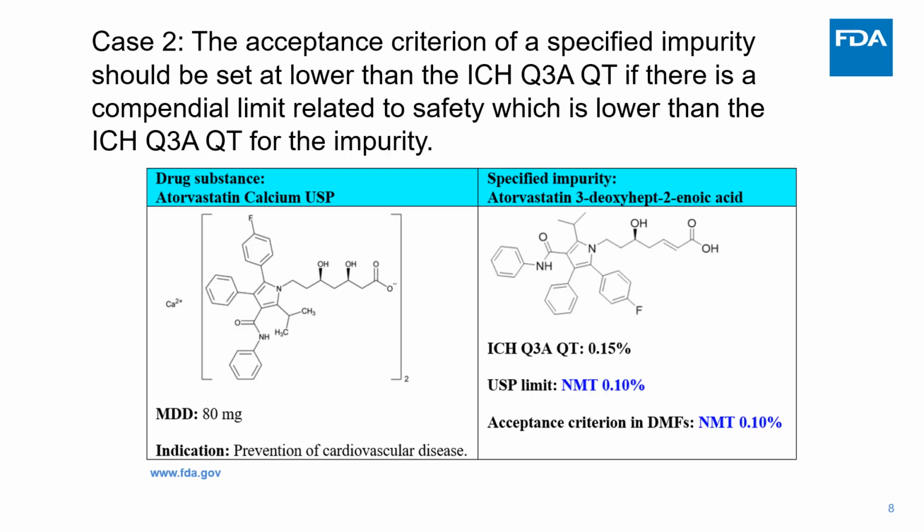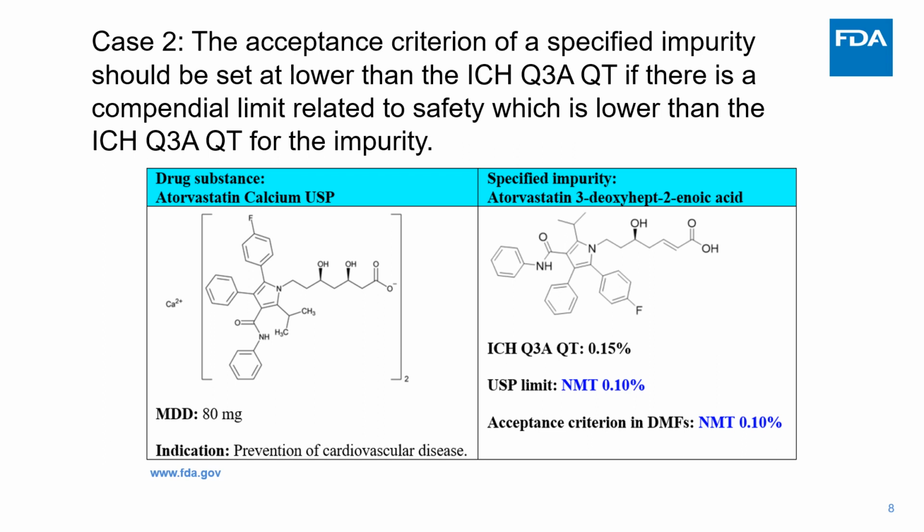Case 2. The acceptance criterion of a specified impurity should be set at lower than the ICH qualification threshold if there is a compendial limit related to safety, which is lower than the ICH qualification threshold for the impurity.